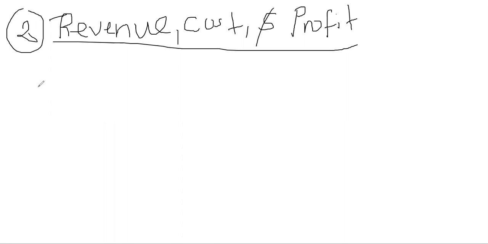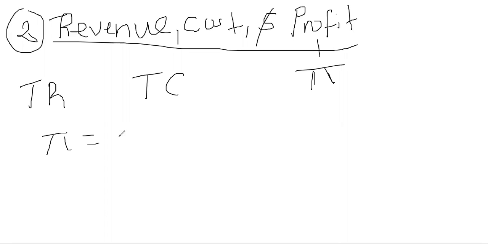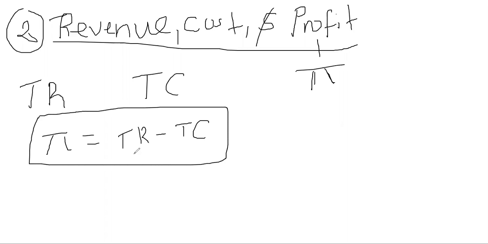Normally in most textbooks, revenue is represented as TR, that is total revenue. Then we have total cost. The profit, normally they use the symbol pi to represent it. So at the end of the day, our profit is the difference between total revenue and total cost. So we need to define total revenue.